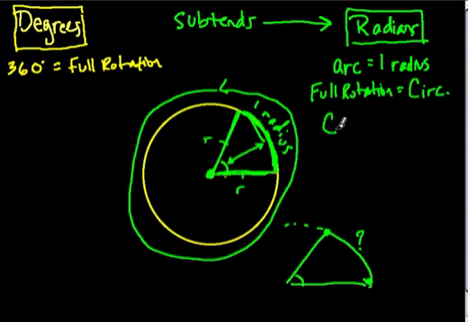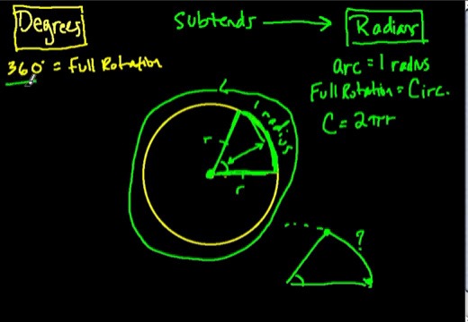And circumference, C, is equal to 2 pi r, or 2 radiuses times pi, because the circle is about pi times longer around than it is across, and 2 radiuses is how long the circle is across, so it's about 3 times longer around.